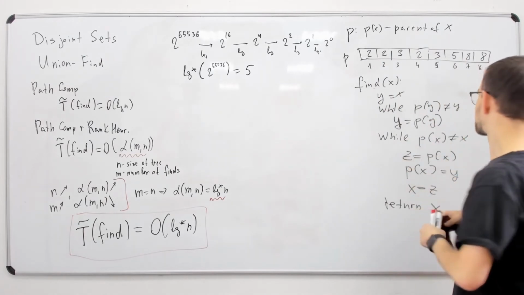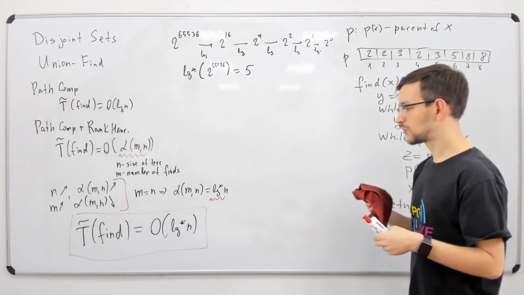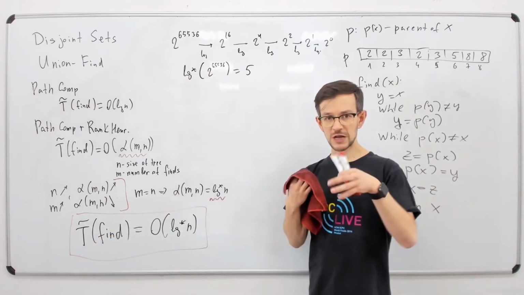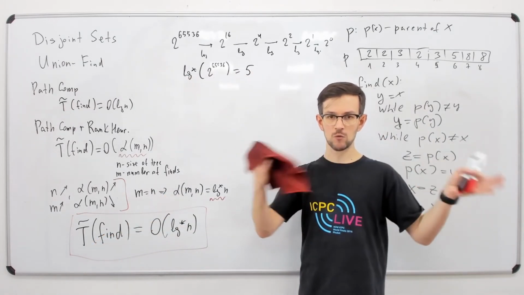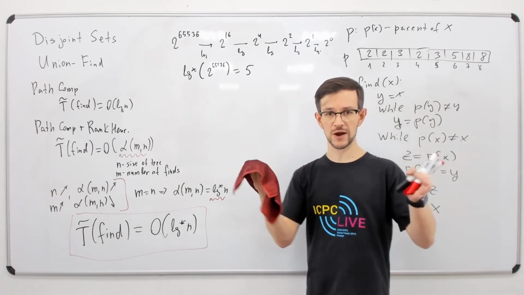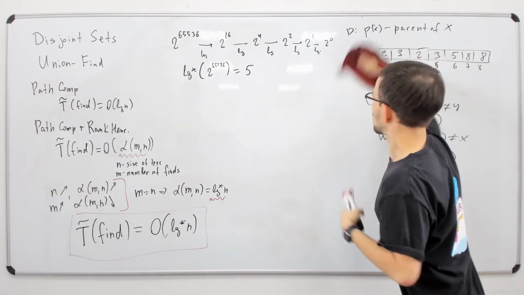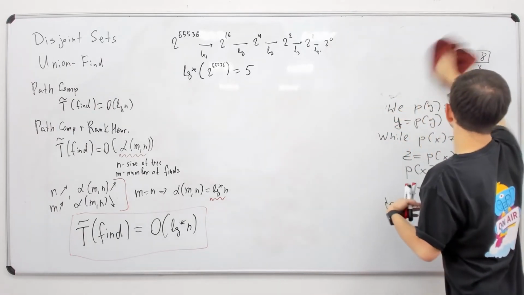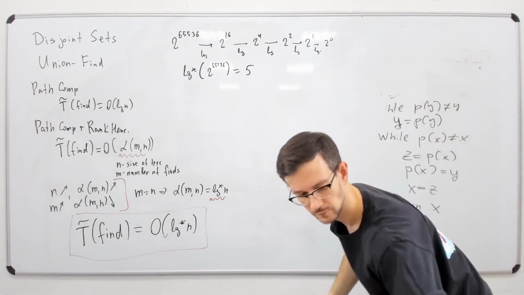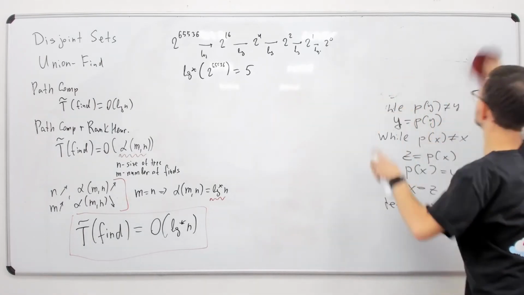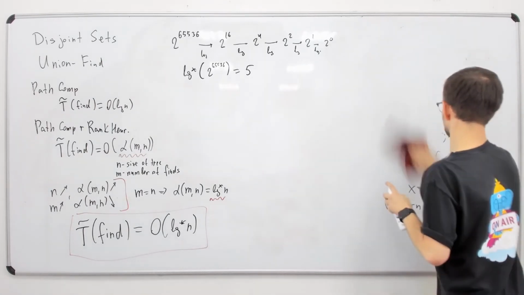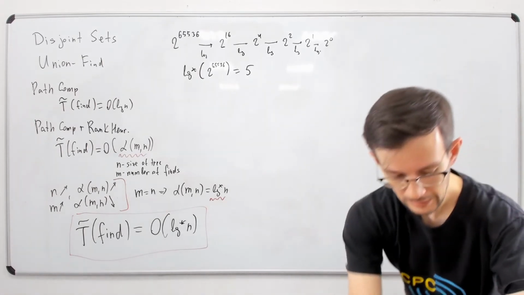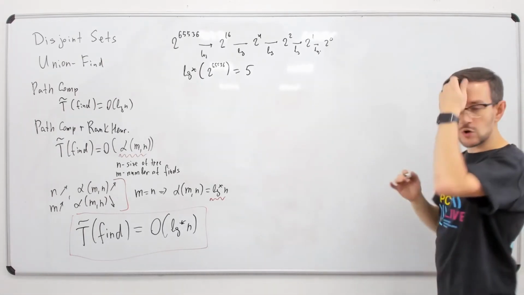How to prove this? Again, this is the amortized cost. So to prove the amortized cost, we need to calculate the sum of time complexities of all find functions. So we have this tree, and we call the find operation several times. Again, you have situations like this.